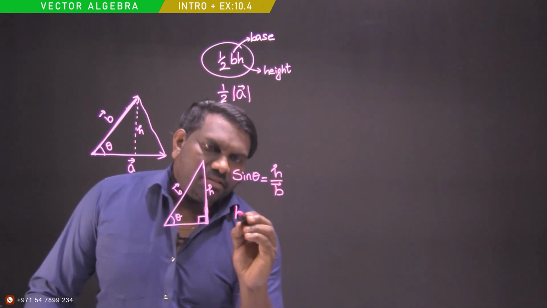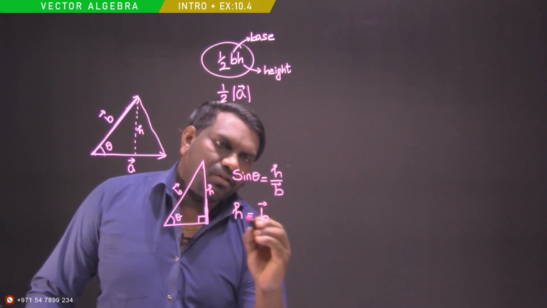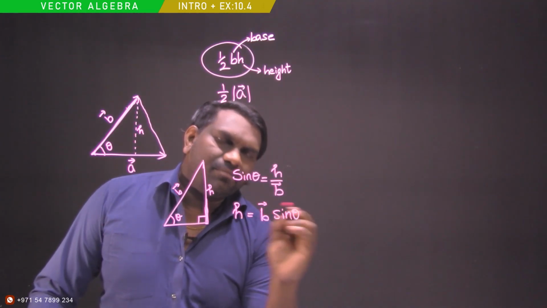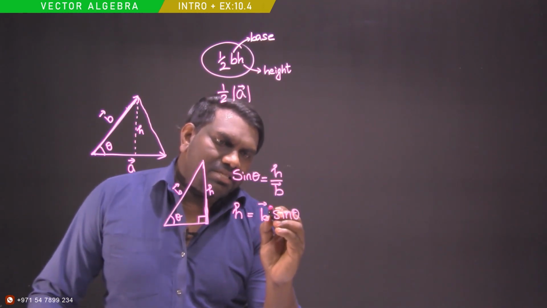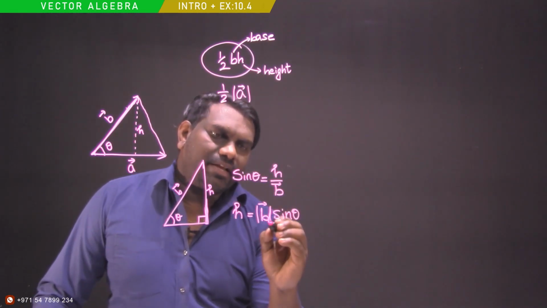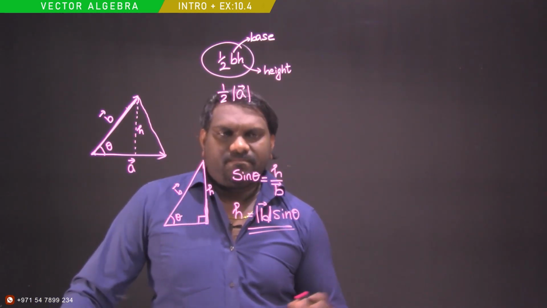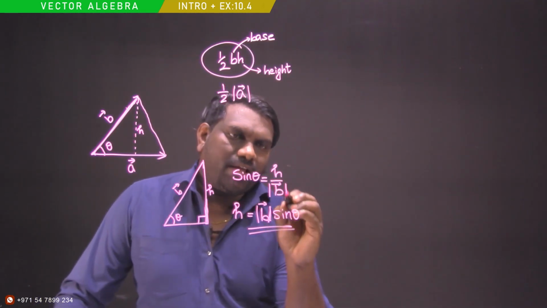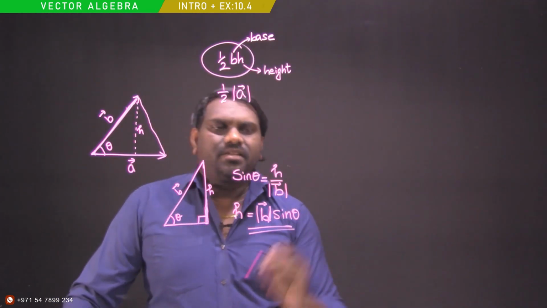So I can write h is equal to b vector sin theta. This is actually the value we need to take, the value of b with sin theta, not the vector, right dear, it's the value.